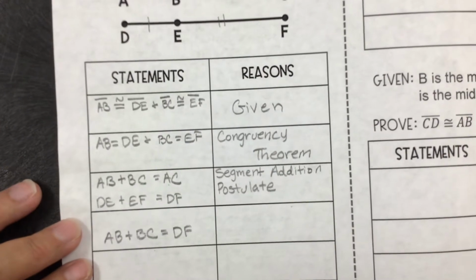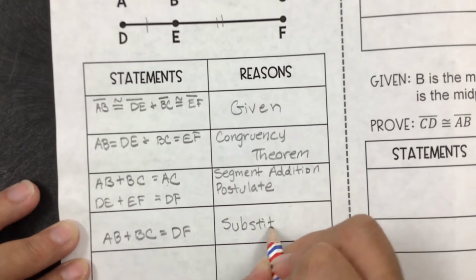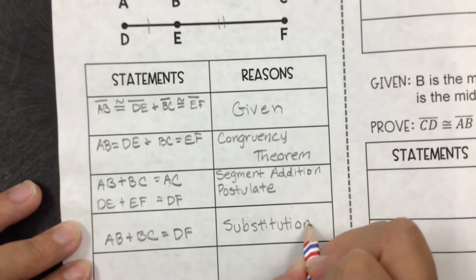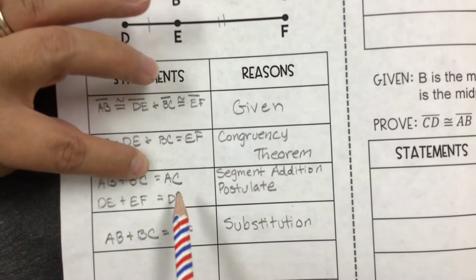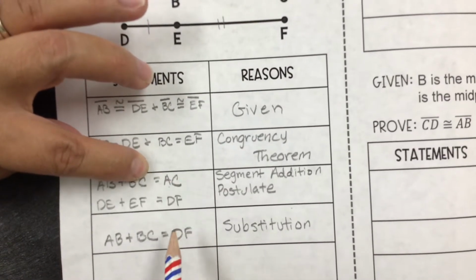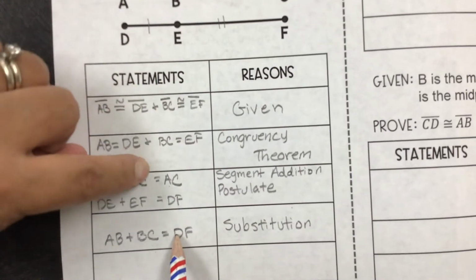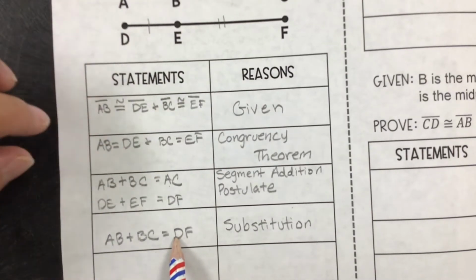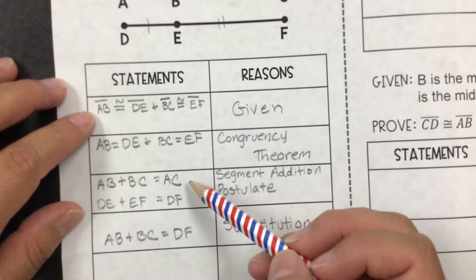Well, the only thing I really did was substitution. I took this statement right here, and instead of writing AC, I wrote DF. Why? Why was I able to do that? From here, I was given that AC was equal to DF.